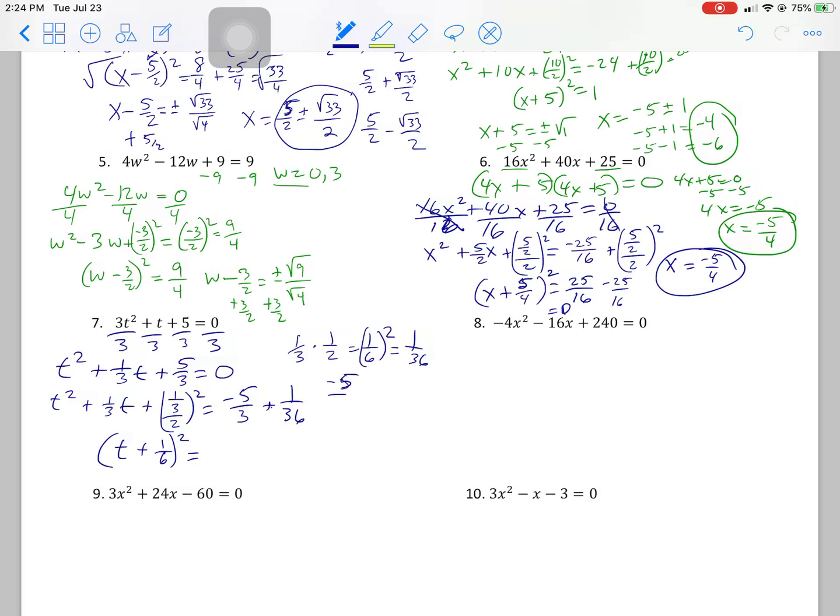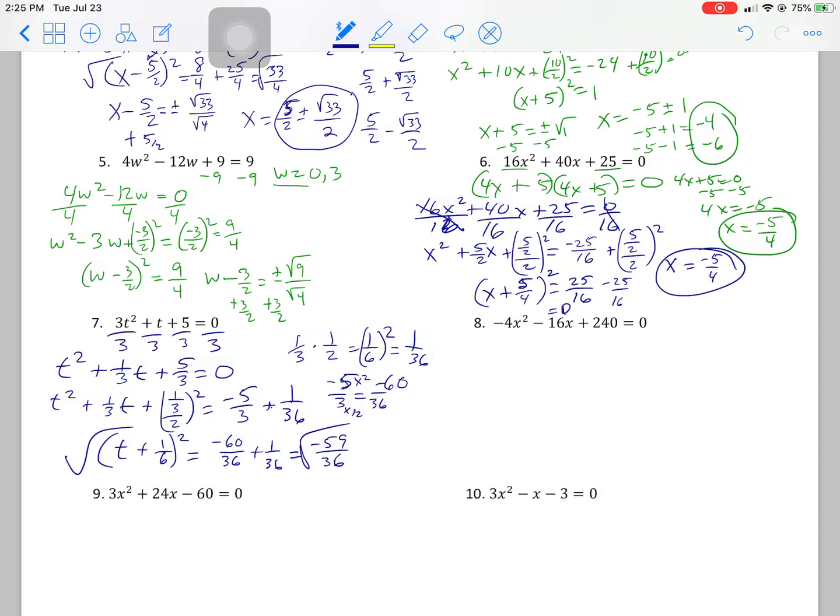Okay, so 5 over 3 equals what over 36? 12 times 5 is 60, so this one is minus 60 over 36 plus 1 over 36. Did I do that right? Yeah, believe it or not, I did that right. And then I need to square root this and this.